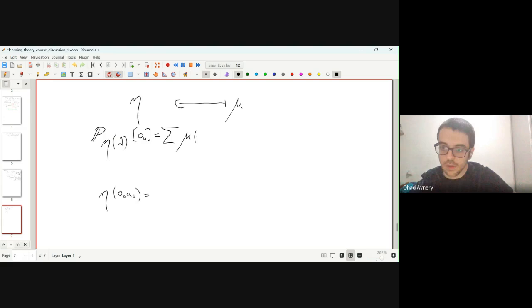Okay, so explicitly, what we get here is a sum over all O1 of mu of O0. And here I chose a specific policy arbitrarily, that is O0, pi of O0, O1, and the pi of O0 and O1.